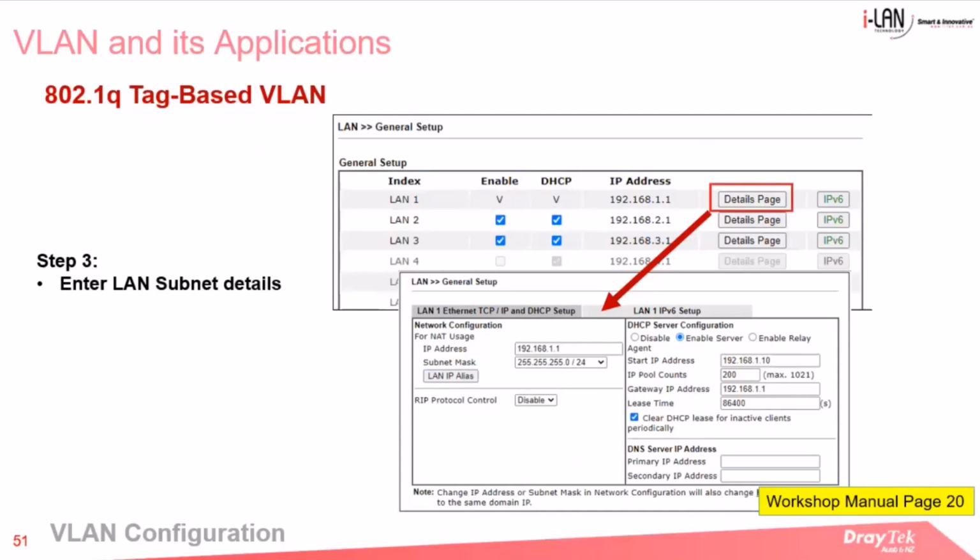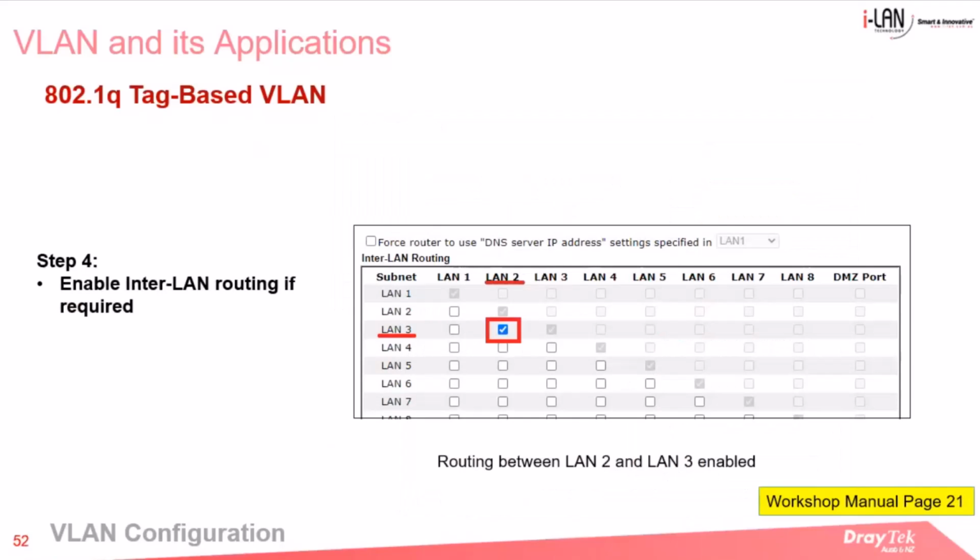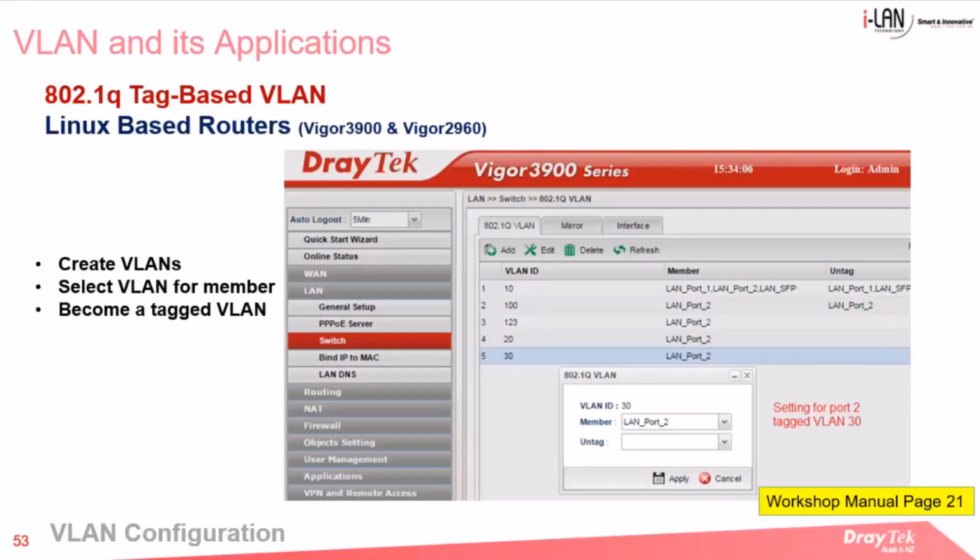All right, the next step is to set up the LAN subnet details. Enable the inter-LAN routing if required. In the Linux-based router, you need to select a VLAN for a member to become a tagged VLAN. Here, we have selected LAN port 2 to become a member of VLAN ID 30.